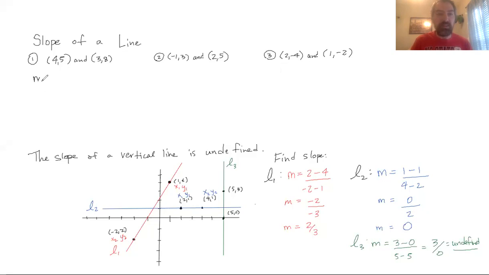All right, so we're going to start with the first one. Again, it doesn't matter which point we're calling x1, y1, and x2, y2. Either one. But we do want to subtract the 2 y values. So I'm going to subtract these 2. I'm going to call this the y2, and that the y1.